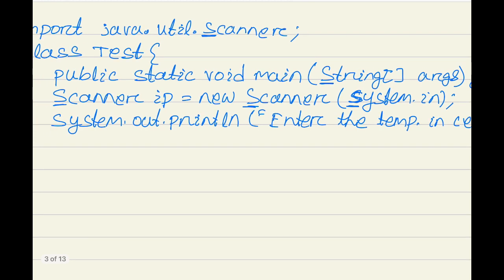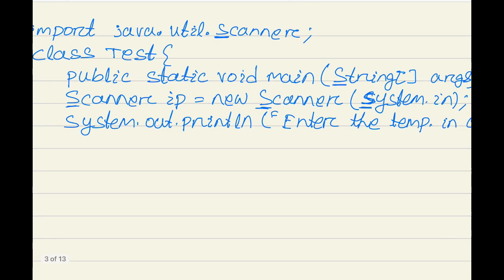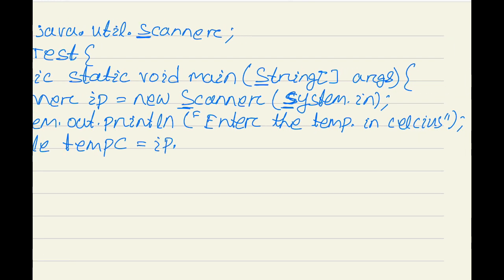Now the user is going to enter the temperature. For that we need to receive the temperature and store it in a variable. So assume the variable is tempC. Now we can write in this way: double tempC equal to ip.nextDouble(), because we are assuming that the temperature is a real value.